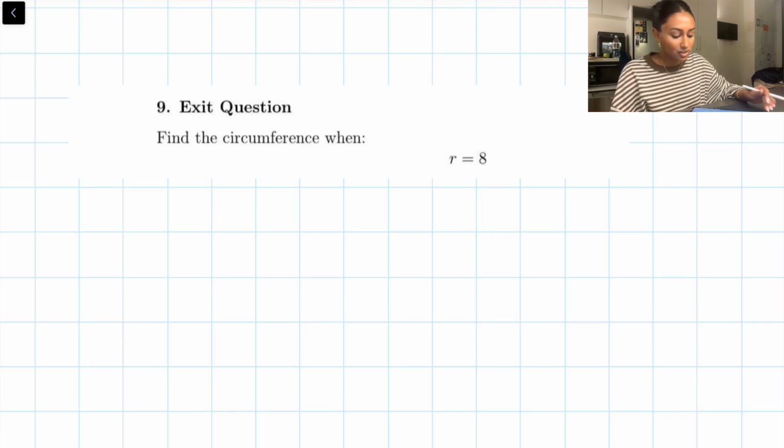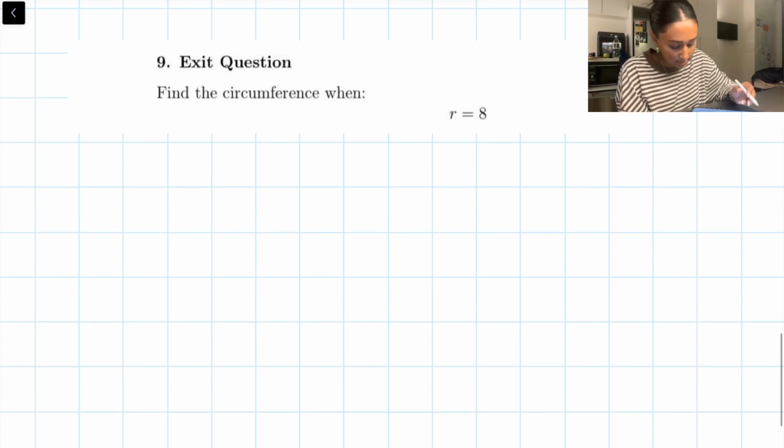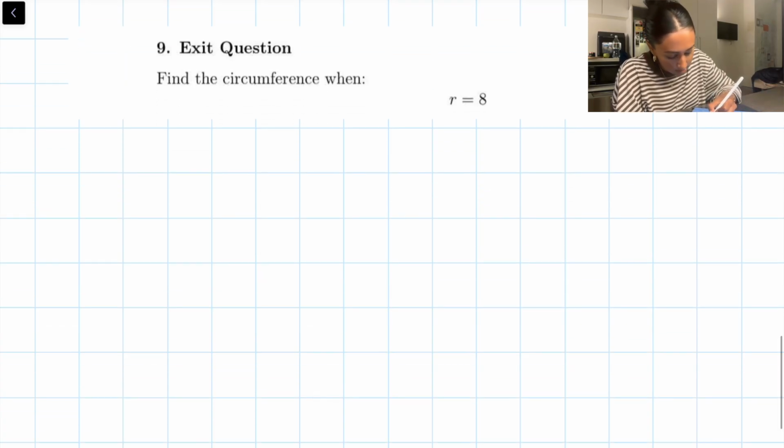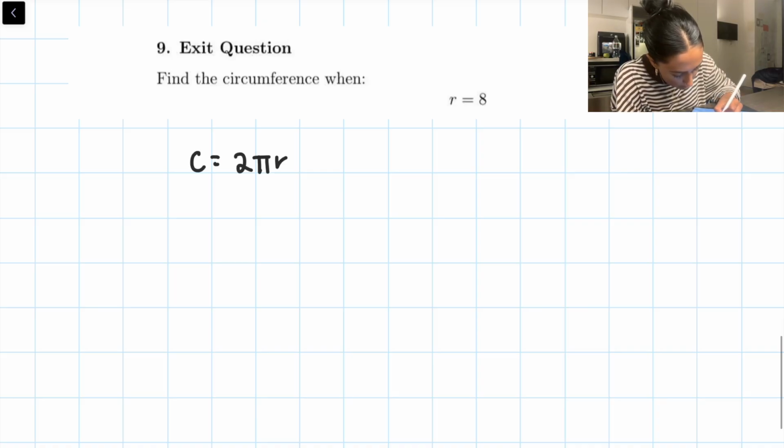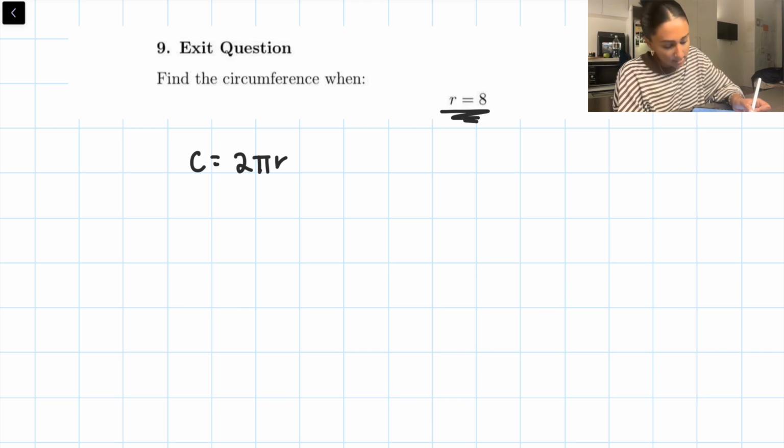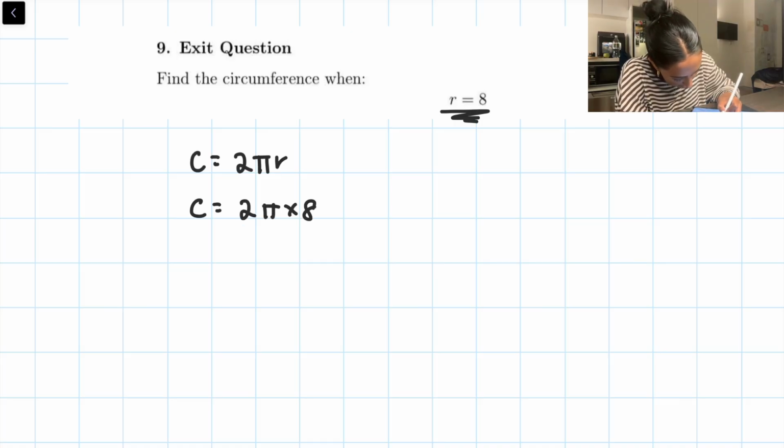We've got one more question for the video. So find the circumference when radius equals 8. So this one's pretty easy compared to the other ones we've done. So again, with the formula, C equals 2 pi r, because you've got the radius in the question, so you use this formula instead of the other one, which turns into C equals 2 pi times 8.